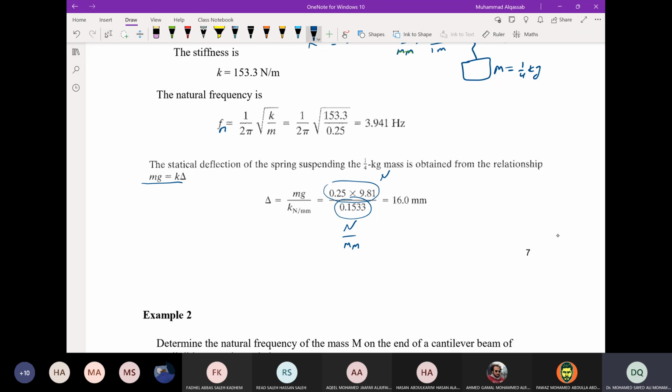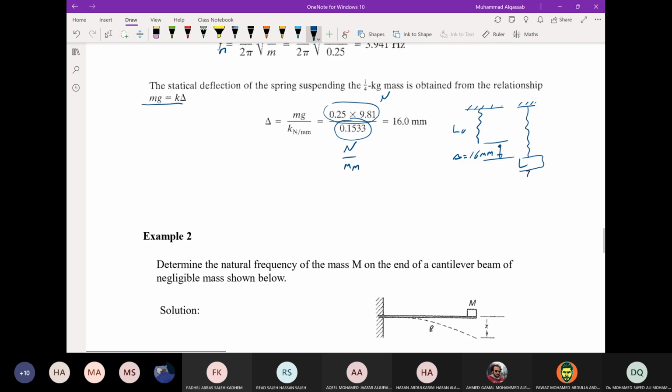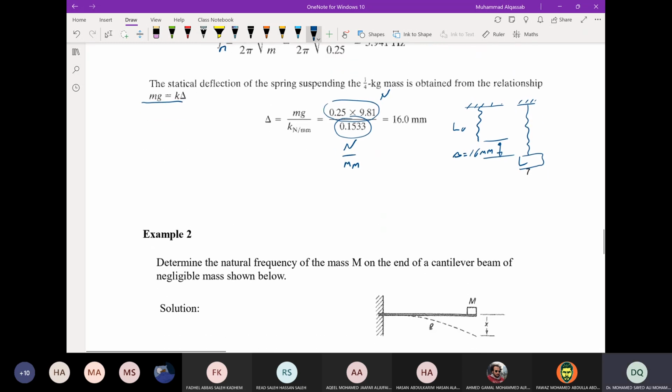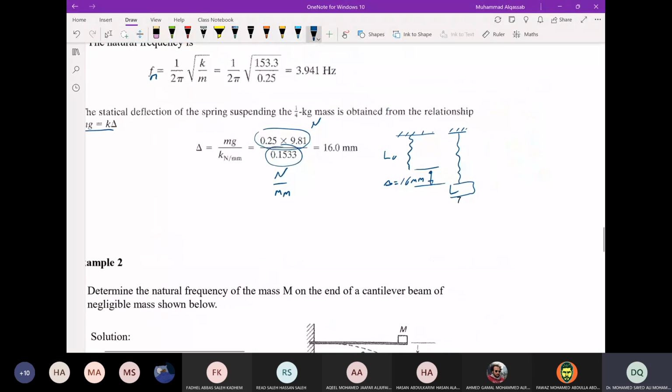The spring, once the mass is added, will go down. This is L0, and when the mass is added, it will go down 16 millimeter. And the vibration, of course, is going to be about this line.